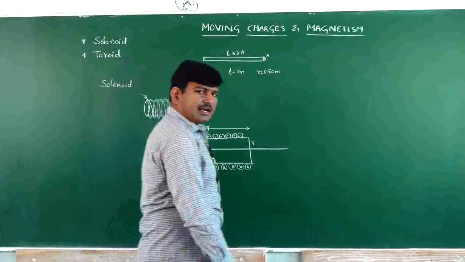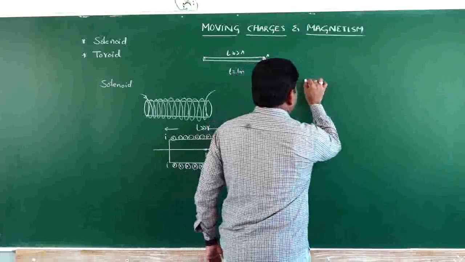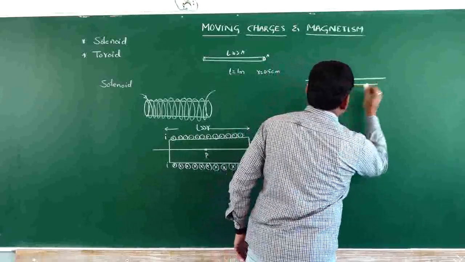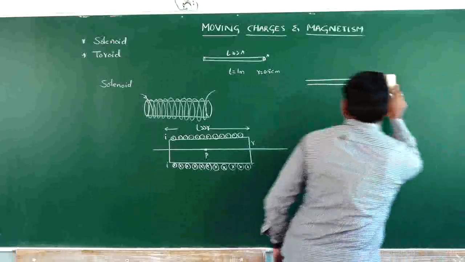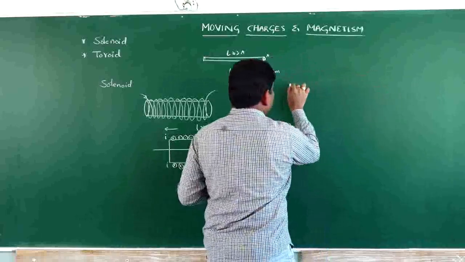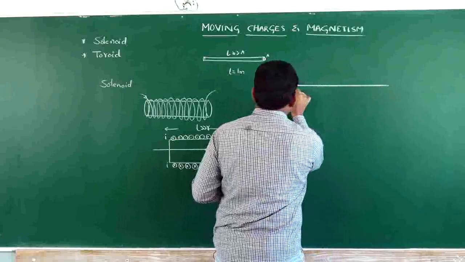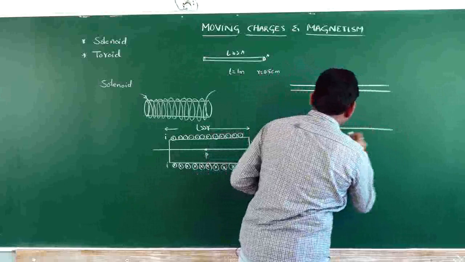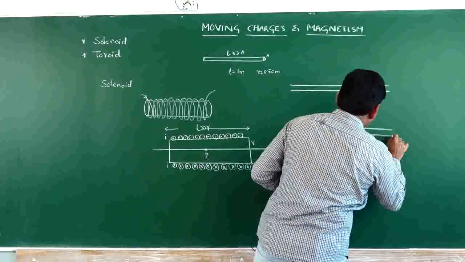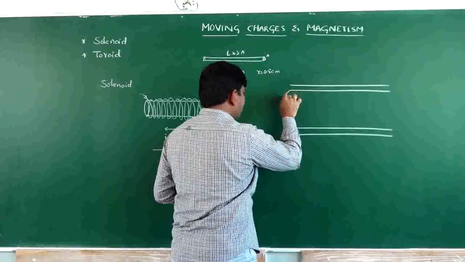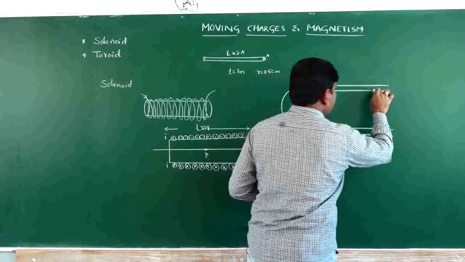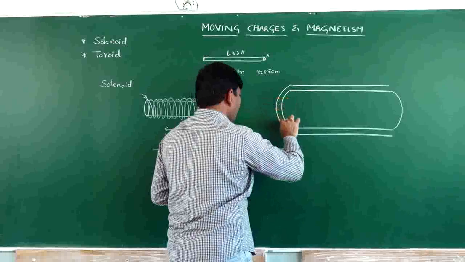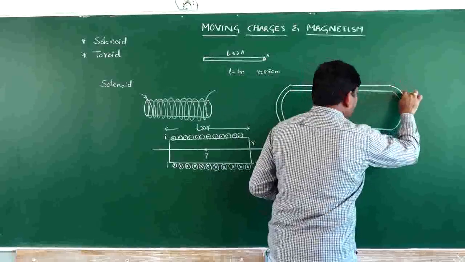For that, let me draw the solenoid in this way. The schematic representation, more clearly, we are representing here. Let me choose a part of the solenoid. So what is a solenoid?